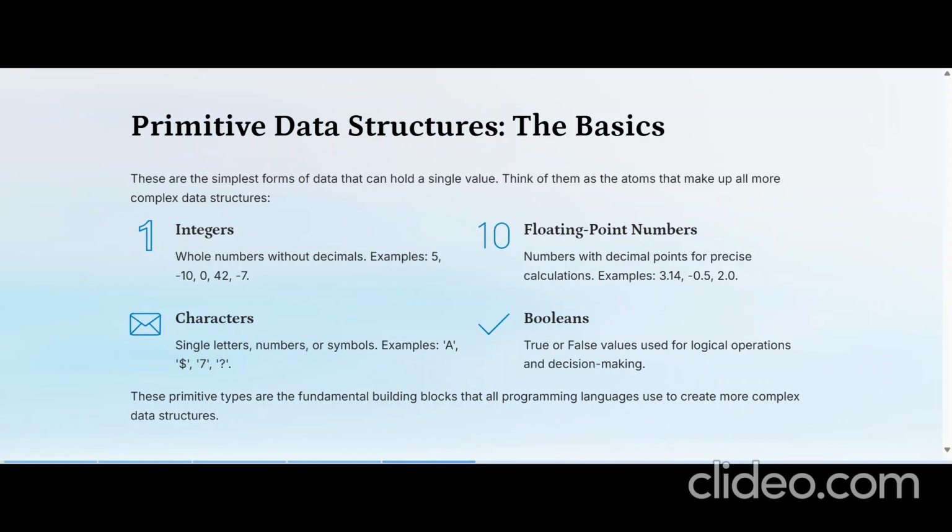For example, 5, minus 10, 0, 42, minus 7. So these are the integers. The second is the floating point number, or we can say decimal number. After that, character and boolean. So these are the primitive data structures.